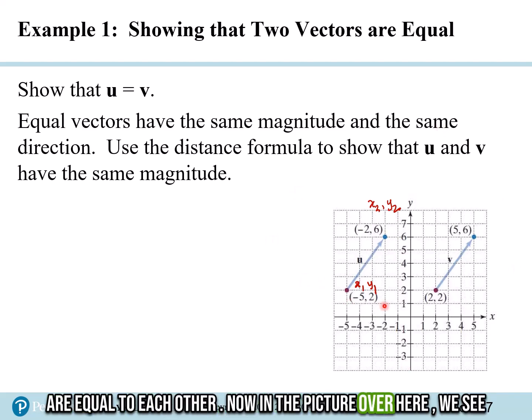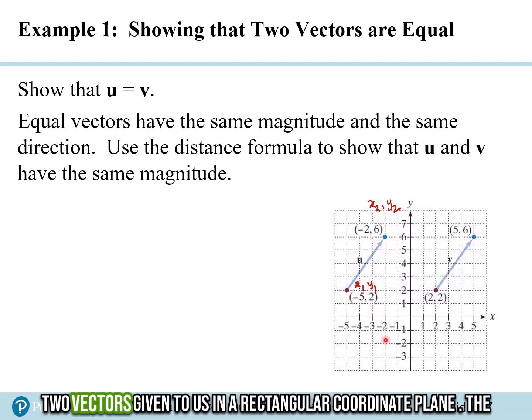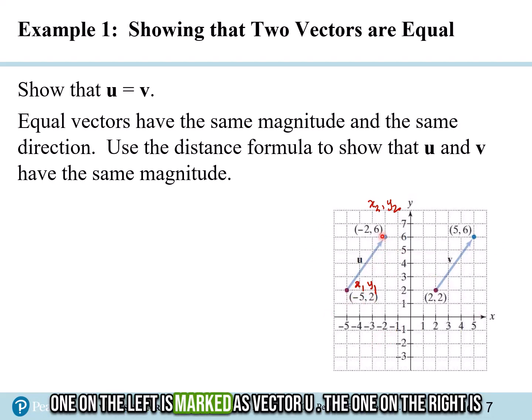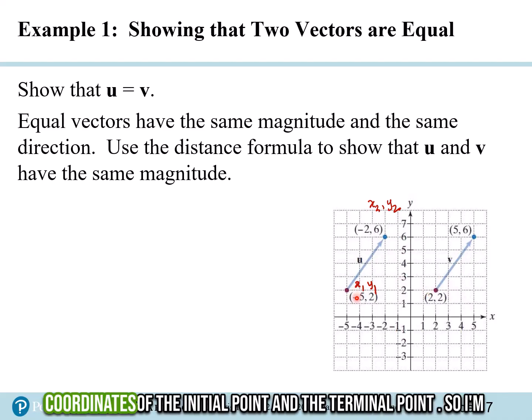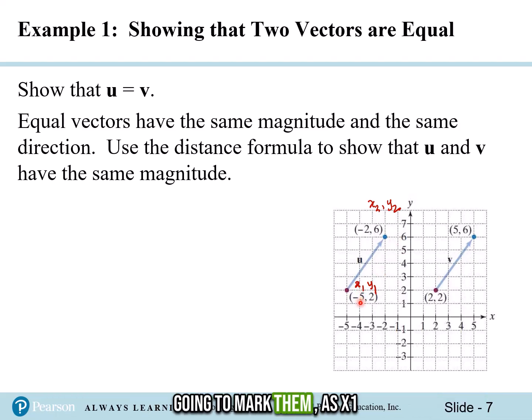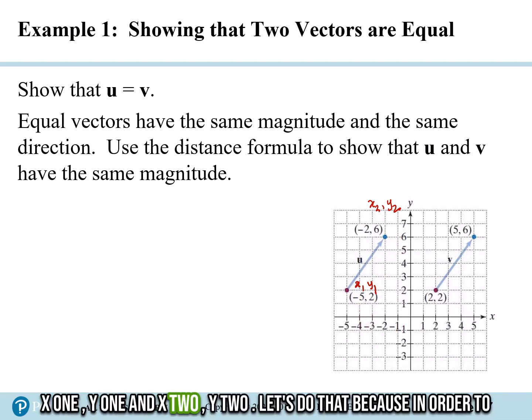Now, in the picture over here, we see two vectors given to us in a rectangular coordinate plane. The one on the left is marked as vector u, the one on the right is vector v, and for each of these vectors, they've given us the coordinates of the initial point and the terminal point. So I'm going to mark them as x1, y1, and x2, y2.